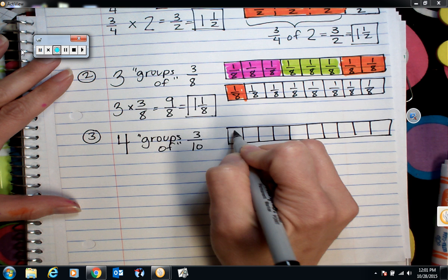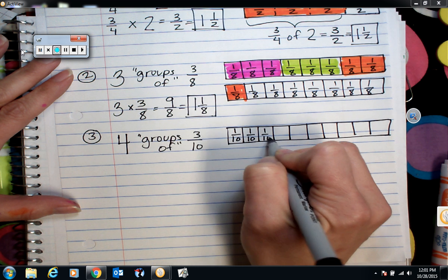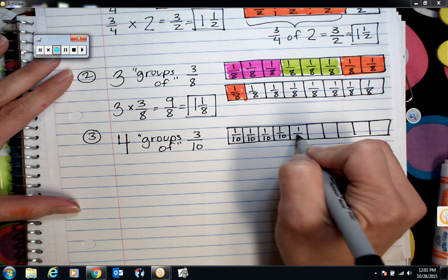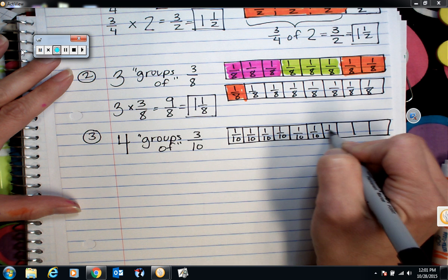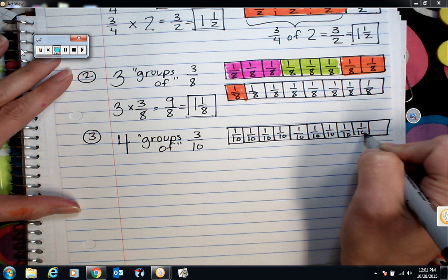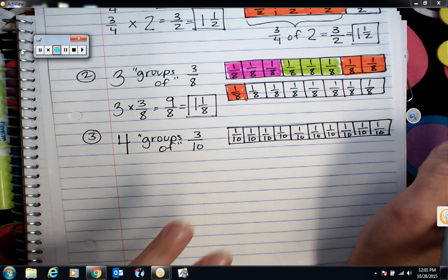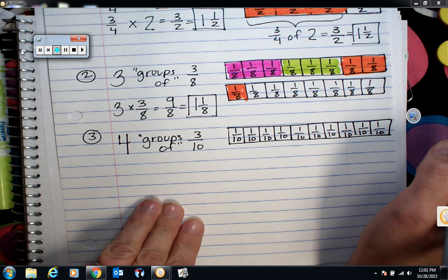And I'm going to go ahead and label each of those 1/10. So the repeated addition I want to show is 3/10 4 times. 3/10 plus 3/10 plus 3/10 plus 3/10.